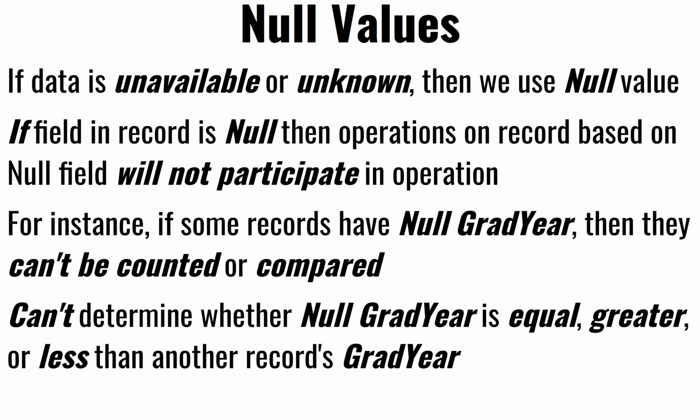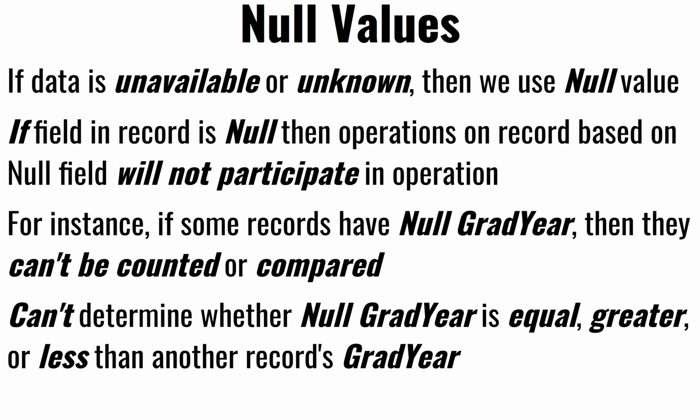Also, the concept of null values, where they represent the lack of information, meaning what is the value of this particular field? The value is that I don't know the value, right? It's not 0, it's not empty string, it's not space, it's not tab, it's not a white space. It's just I don't know, right?